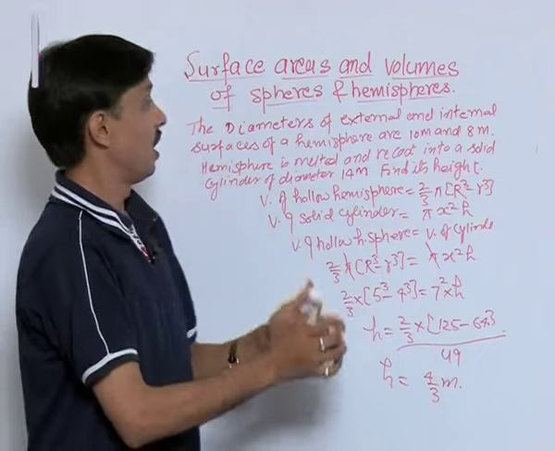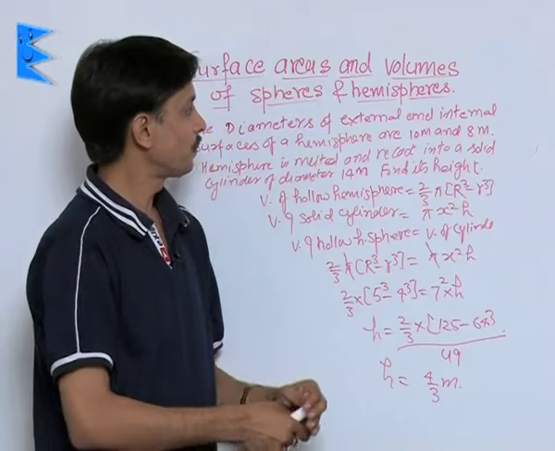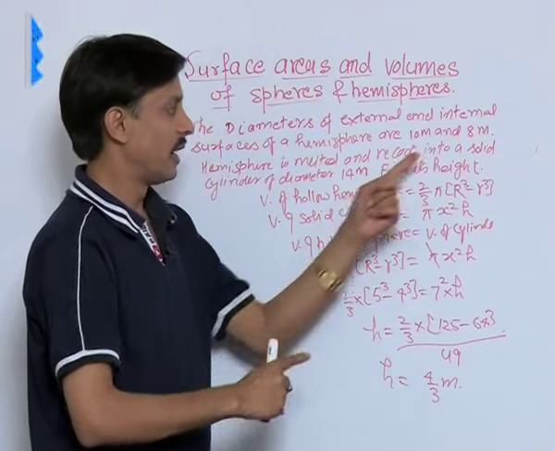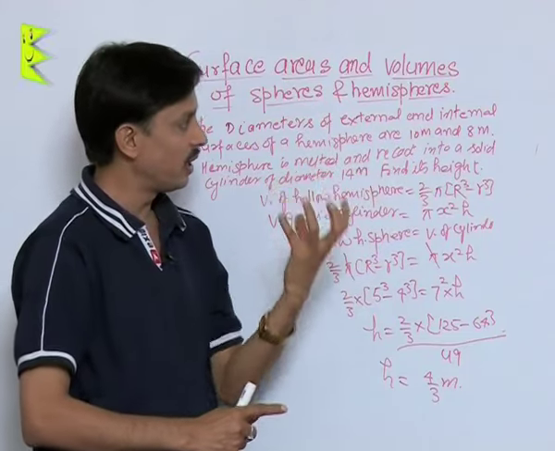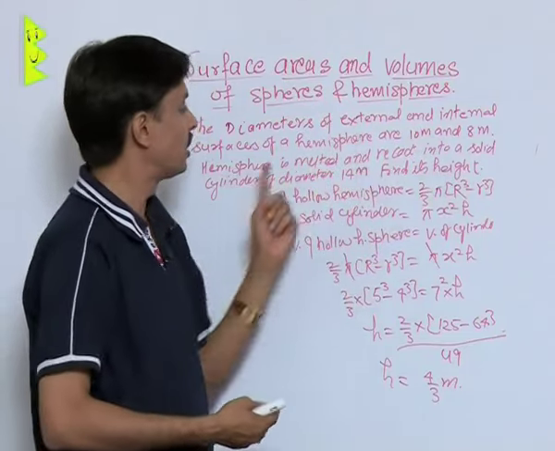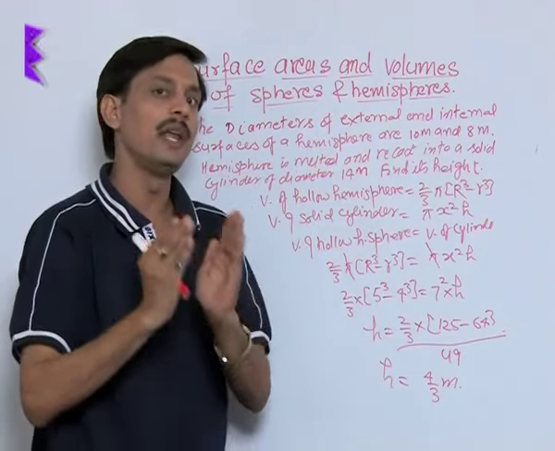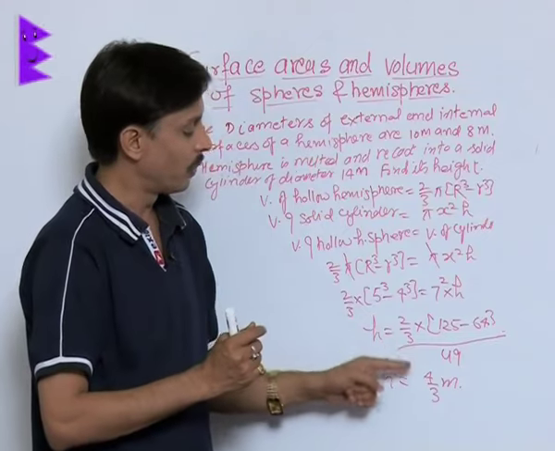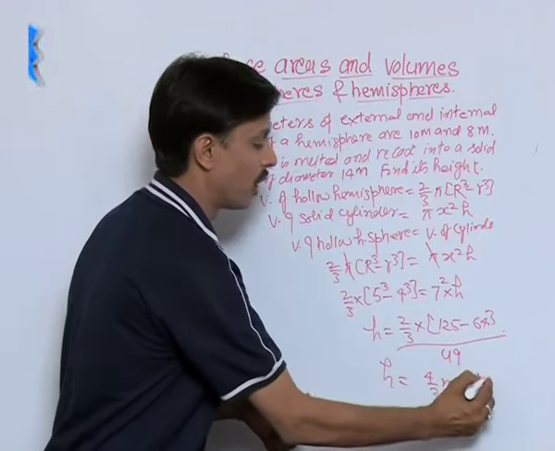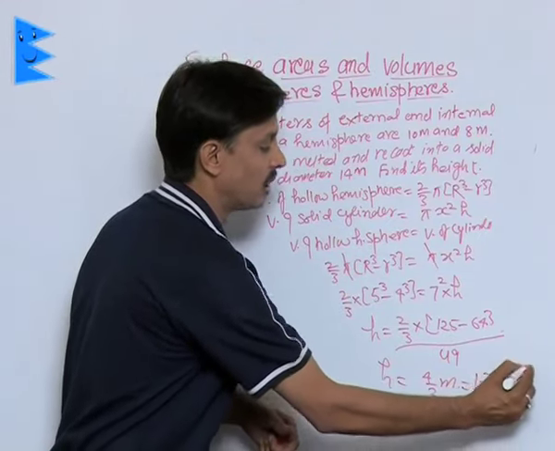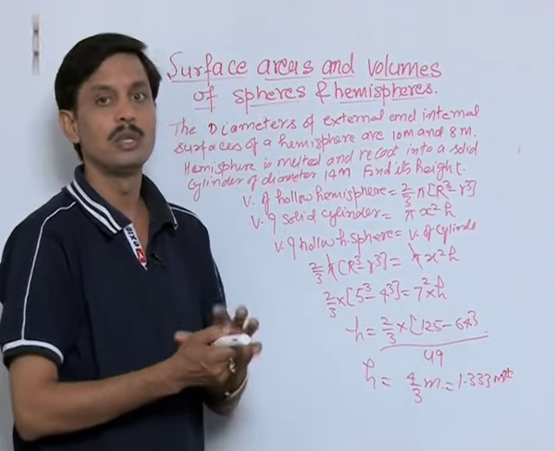Hence, if a hollow hemispherical shaped object of internal diameter 4 and external diameter 10 is melted and converted into a solid cylinder of diameter 14, then by comparing these volumes the height comes out to be 4 by 3 meters, or you can say it is 1.333 meters, or you can convert it by multiplying by 100 into centimeters.